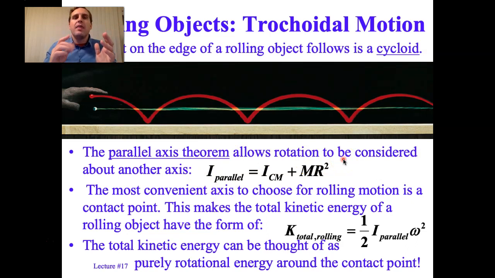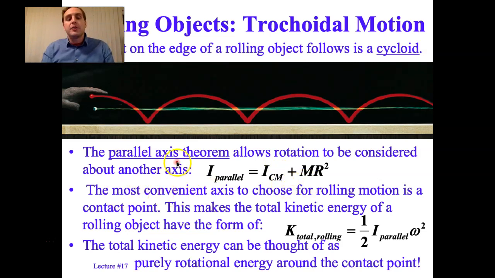Any object that's rotating around an axis that is not at its center of mass can be thought of as the rotational inertia formula from those tables of rotational inertia plus mr squared, as long as we know the mass of the object and the radius from the center of mass to the new axis. The new axis must be parallel to the axis formula we have that goes through the center of mass. So these axes must be parallel to each other.